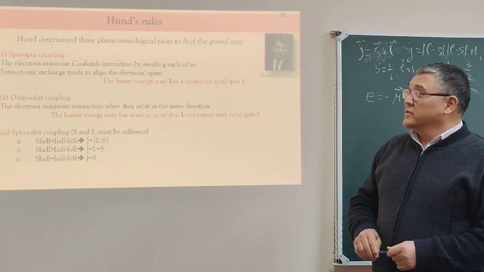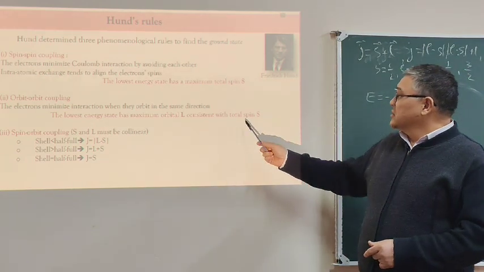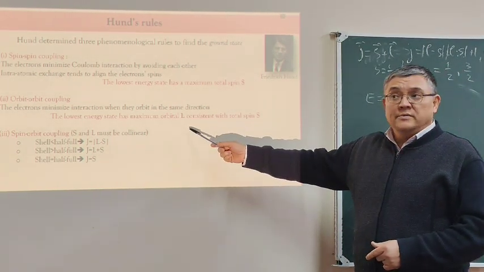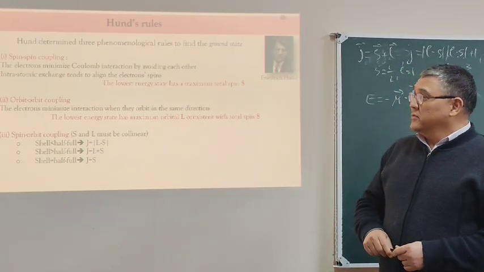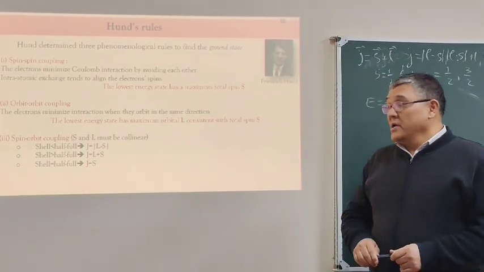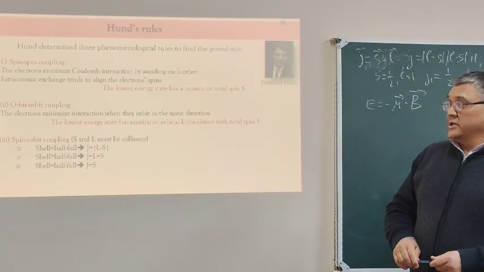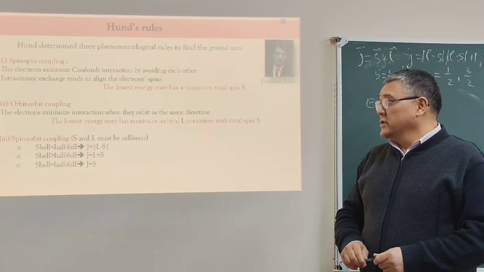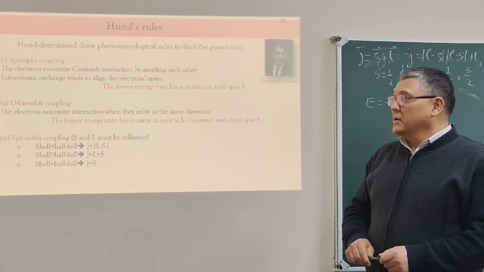In this case, we have to have the total orbital momentum L of the electrons also having maximum value. This corresponds to the electrons minimizing interaction when they orbit in the same direction. And finally, the third rule applies to the spin-orbit coupling.